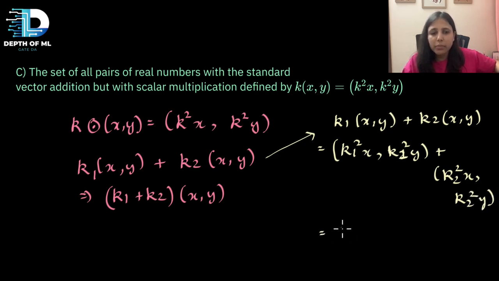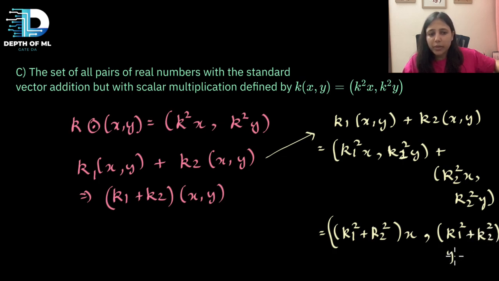Now if I add them up, I will have (k1² plus k2²) x as my first coordinate, and the second coordinate is (k1² plus k2²) y.